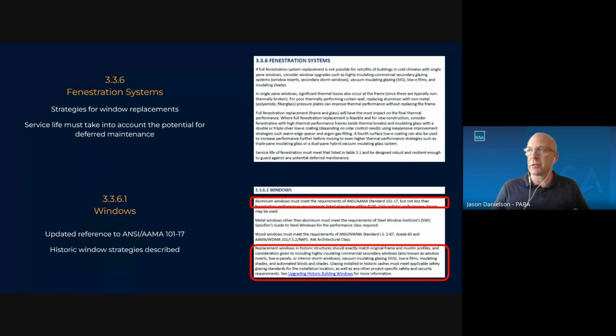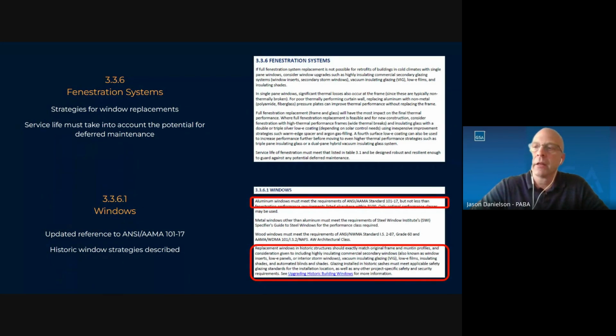There are others as far as in this section, single pane windows. Potentially, rather than doing a replacement with a new window system, you could do an inner secondary window and just do that payback analysis and understand what your options are and what that payback is.